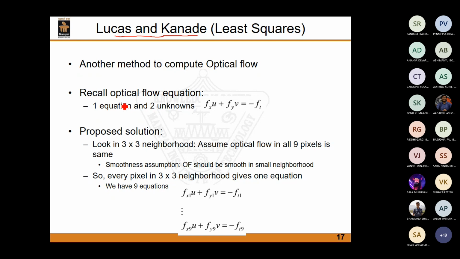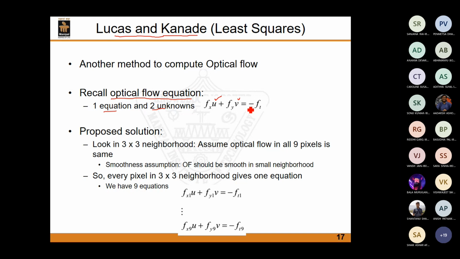If you recall, when taking the optical flow equation, you have one equation and two unknowns. This is the equation that you have: fx u plus fy v is equal to minus ft, and the two unknowns are u and v. When trying to find the optical flow, you want to find the values of u and v, but this is the only equation you have.